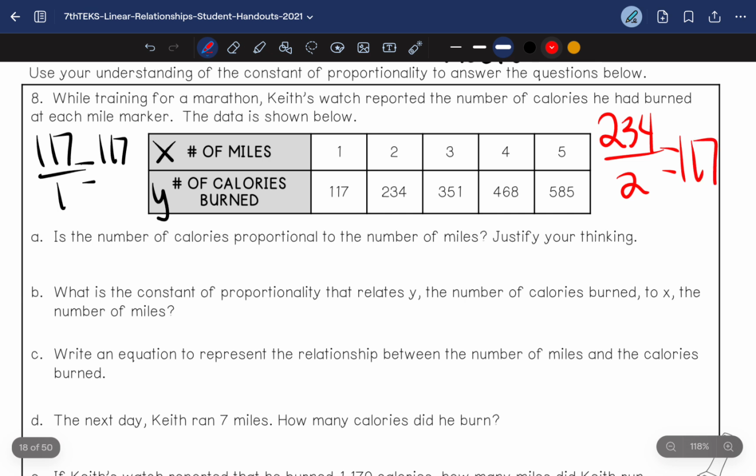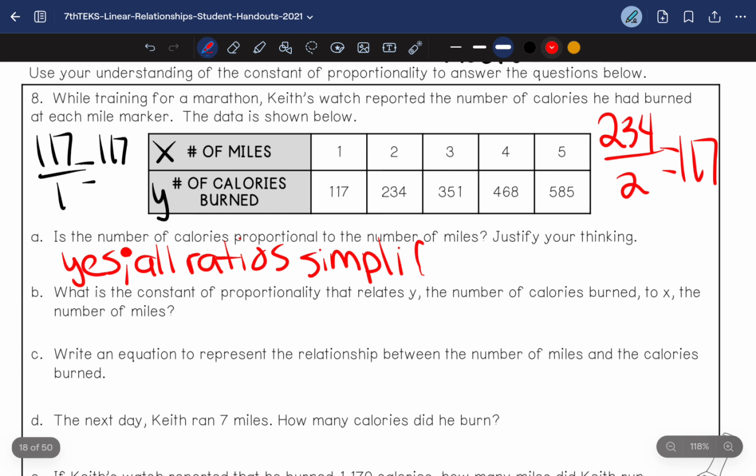And if you keep going, you would see that they all divide into 117. So is it proportional? Yes. Why? Well, all ratios simplify to the same number. So they all simplify to 117.